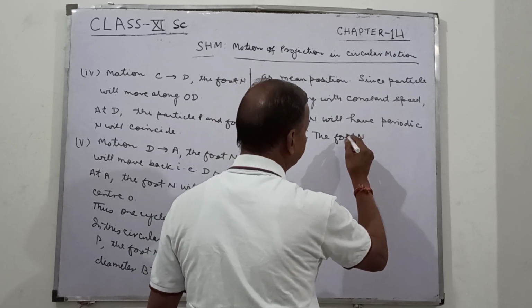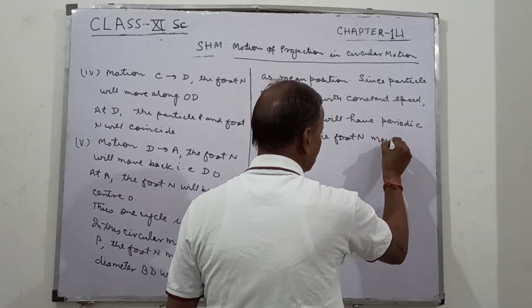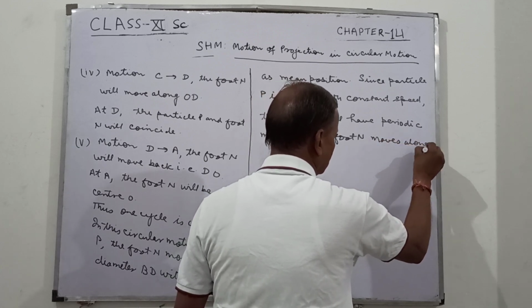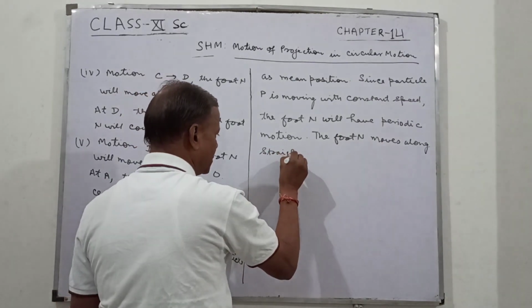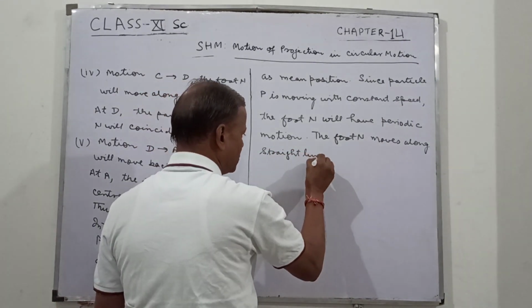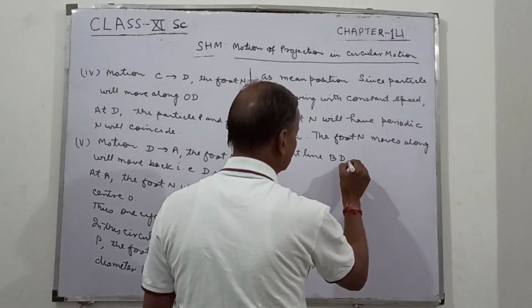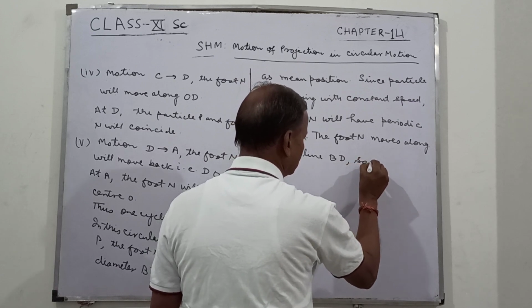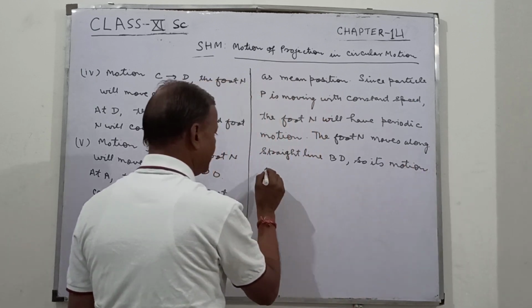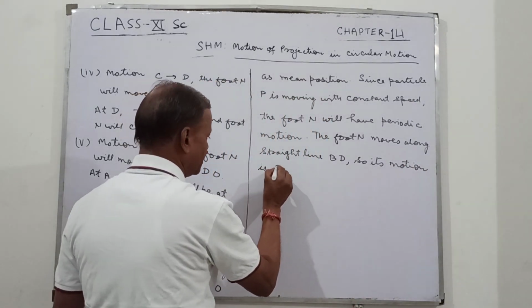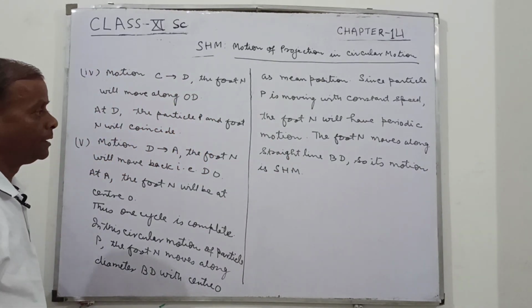The foot N moves along a straight line BD, so its motion is SHM.